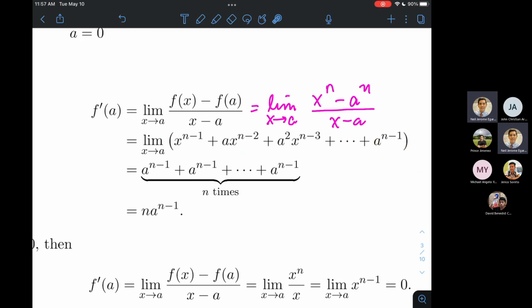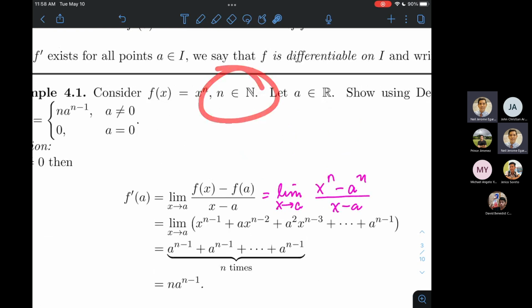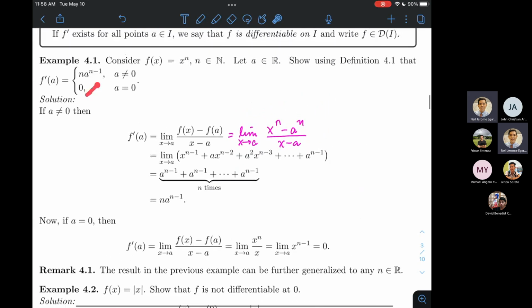Tapos yung constant term, isa yon. So a total of n terms. So, and this is why I restricted the case here that n is a natural number. Para mabilang natin kung ilan nga ba etong mga ito. So there are a total of n such a to the power n minus 1s. Pag inadd ko silang lahat, makukuha ko ay n times a to the power n minus 1. And that proves the first case, provided that a is not equal to 0.